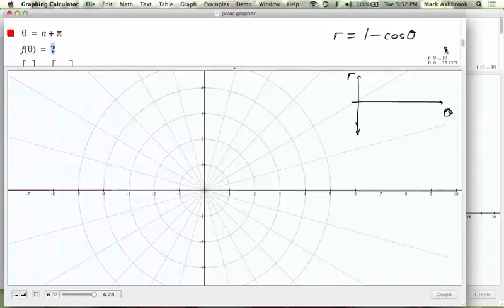So can you sketch that by hand? Do you know your trig functions from pre-calc? Can you sketch that 1 minus cosine theta? We can start by asking what's going to be the maximum and minimum values of 1 minus cosine theta.